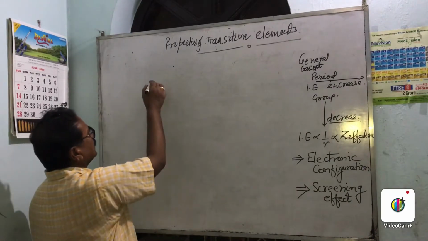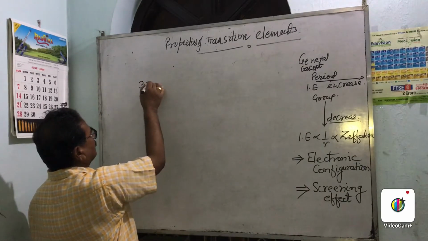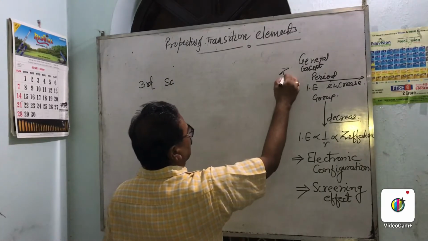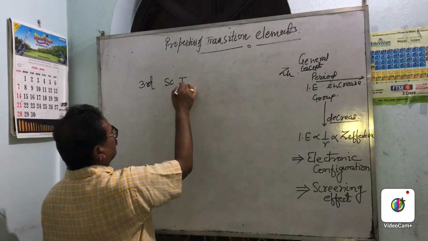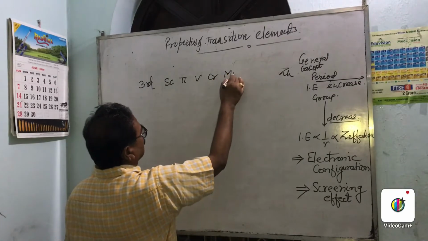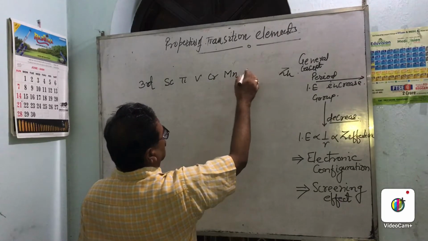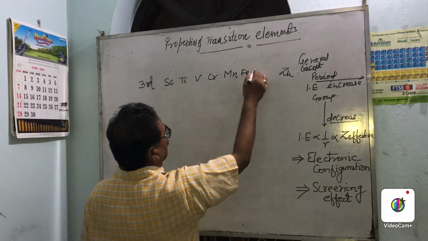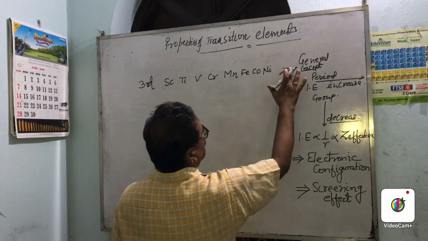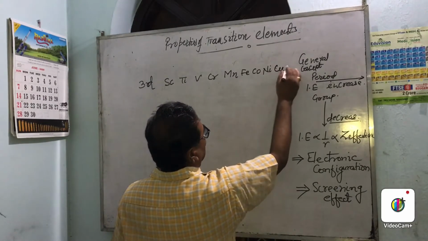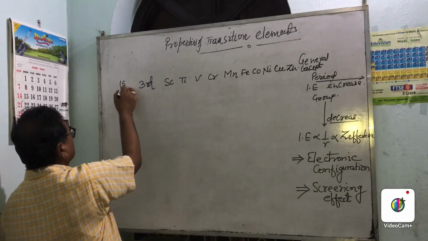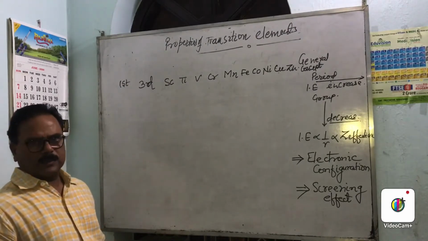First consider the 3d series, which starts from scandium to zinc: scandium, titanium, vanadium, chromium, manganese, iron, cobalt, nickel, copper, and zinc. This is the first transition series.